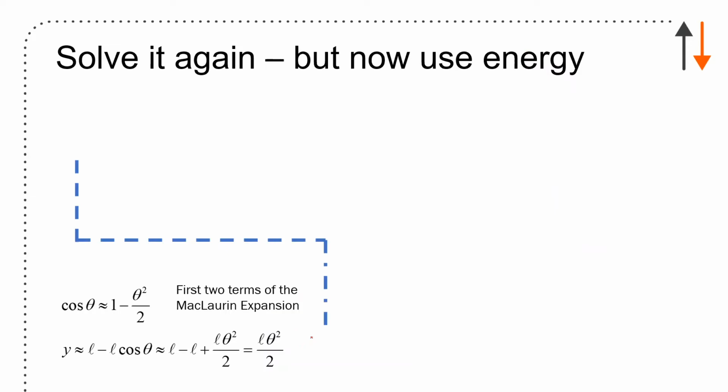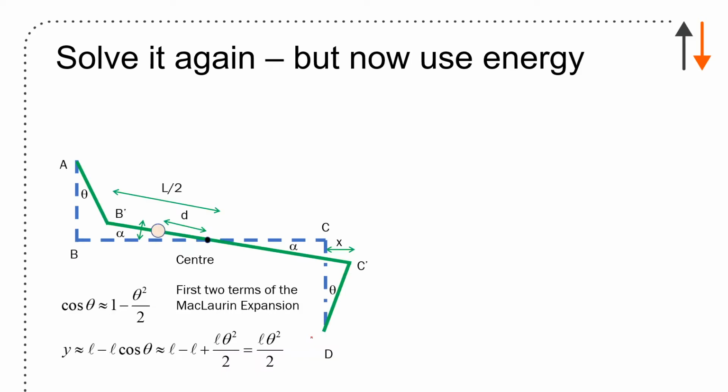We can do the same thing with energy, and we can expand out. We're going to cheat a little bit, and we're going to redefine cos theta as 1 minus theta squared over 2. So y is approximately equal to L minus L cos theta. And I just want to know what this distance is that it's displaced upward. And so L minus L cos theta gives L theta squared over 2.